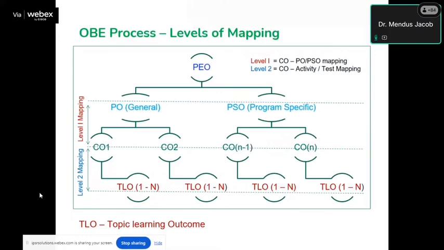So if you have 5 or 6 course outcomes, all these activities which we conduct during the semester can be mapped with the different COs, and the assessments also can be mapped with the different COs. We will discuss this with an example.